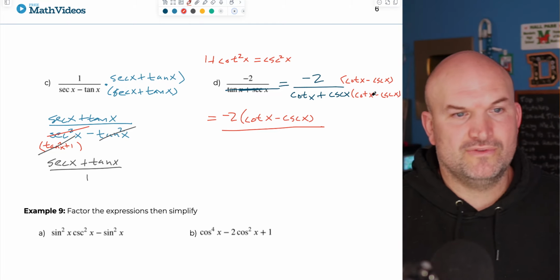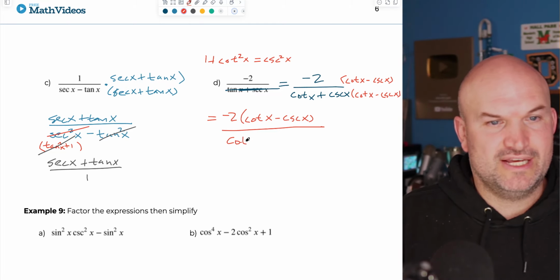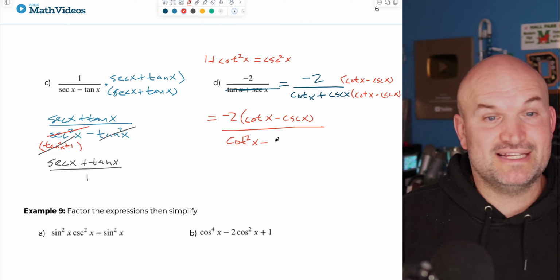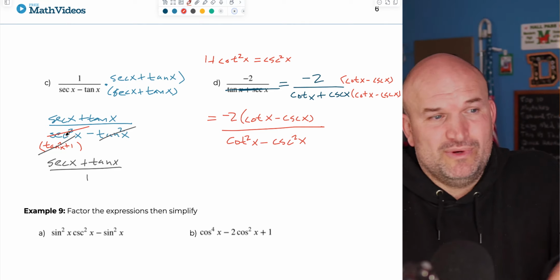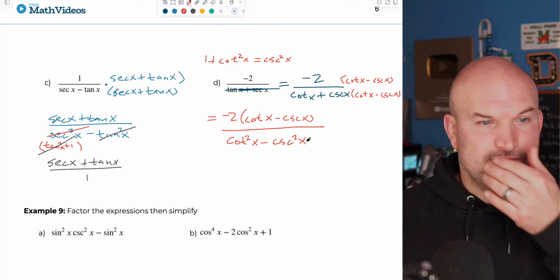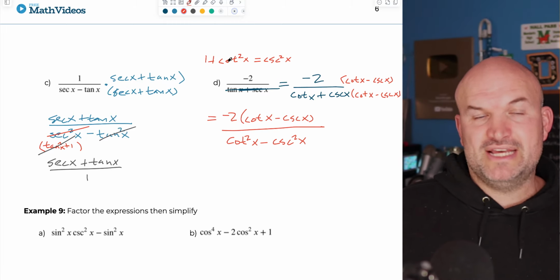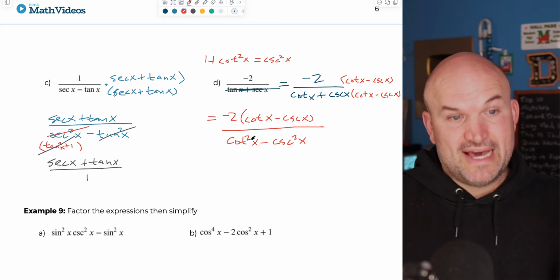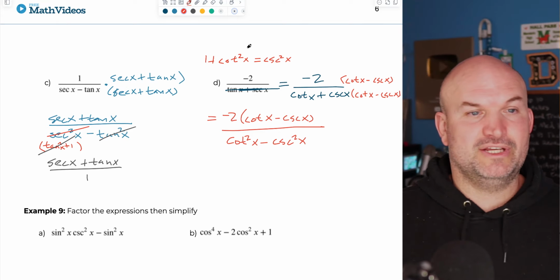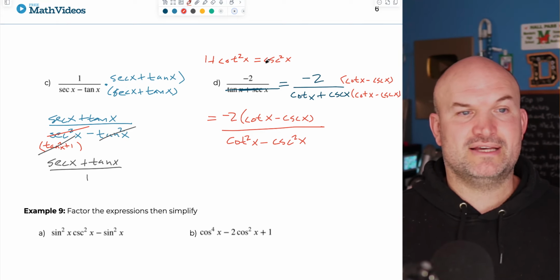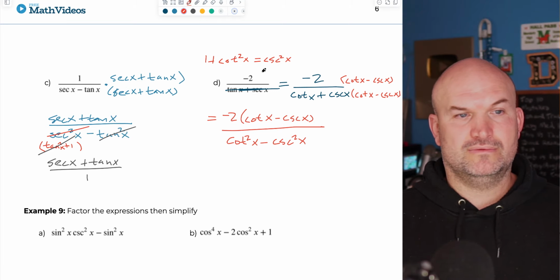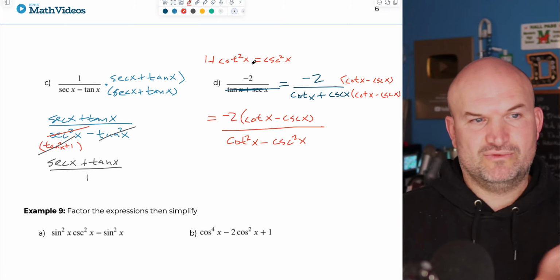Okay, so then in this case, I'm going to get a cotangent squared of x minus a cosecant squared of x. And again, ladies and gentlemen, let's rewrite the cosecant in terms of cotangent. Why don't we just rewrite this cosecant squared in terms of cotangent, which is right there.